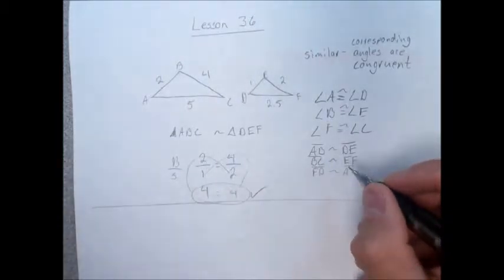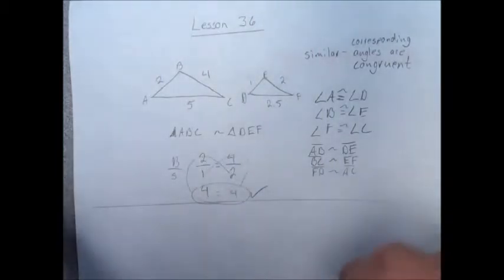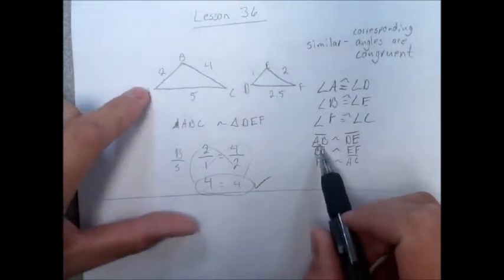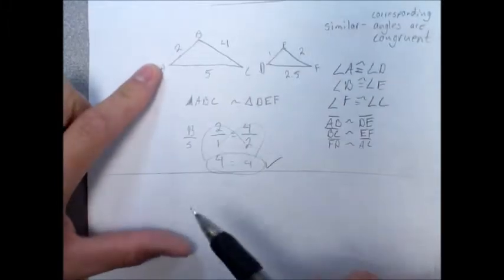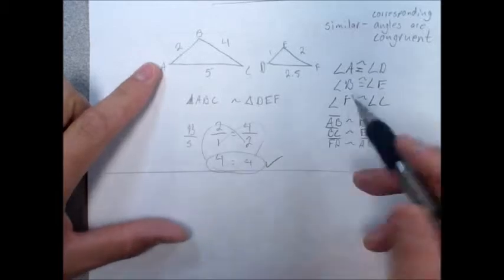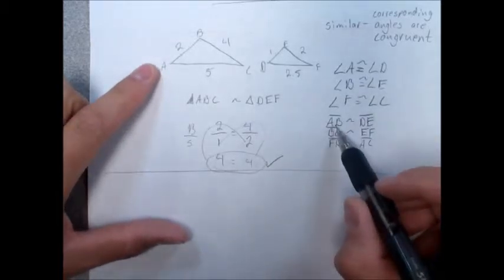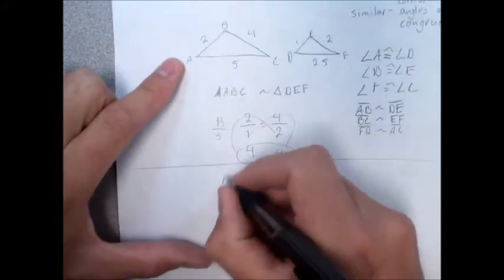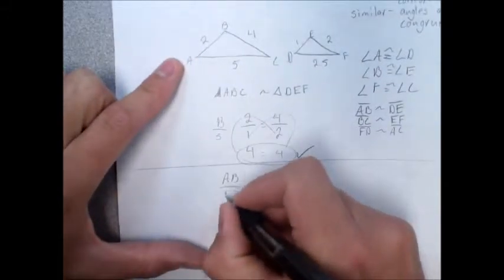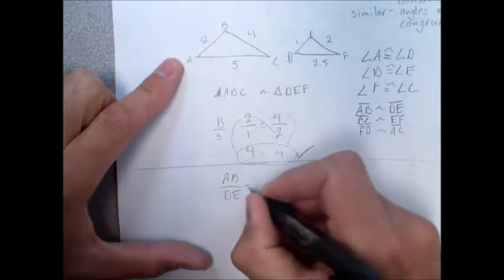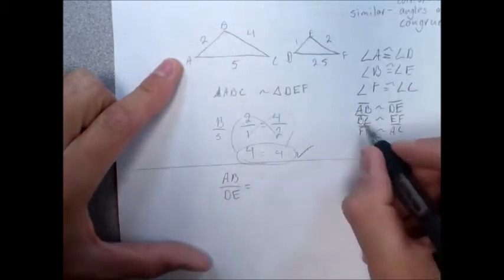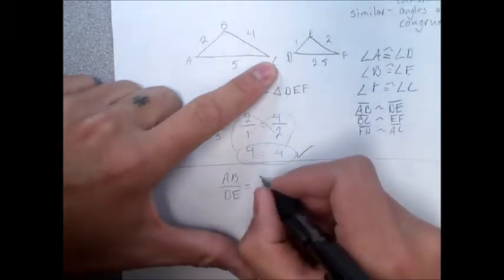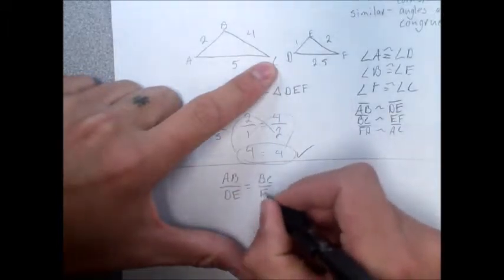I just simply take them and put them into proportion. So notice I have AB, which is from the big one. So remember, I was doing big over small. It doesn't matter if you do small over big, but they have to be the same no matter what you do. So if I'm doing big over small, I'm going to say AB compares to DE. And that'll be the same as, again, big, which is BC, compares to small EF.